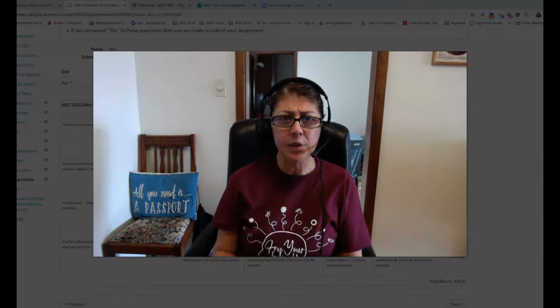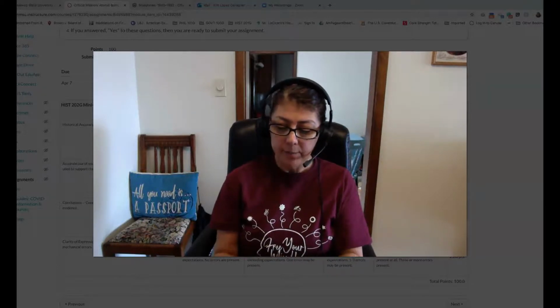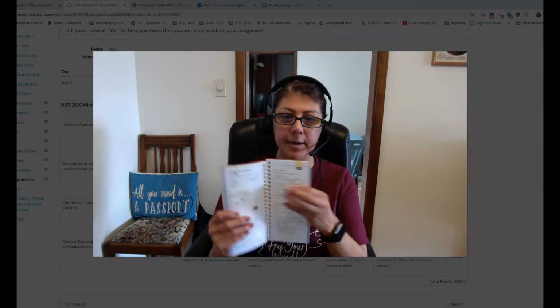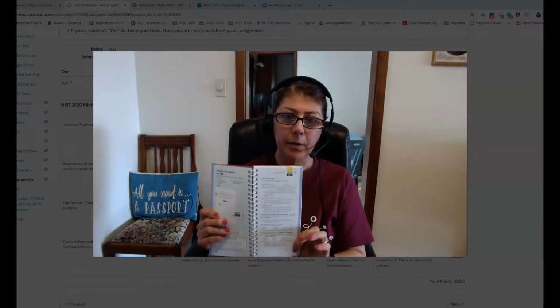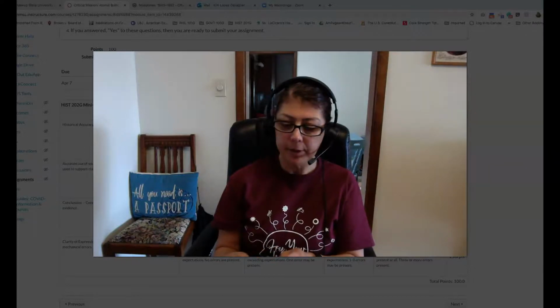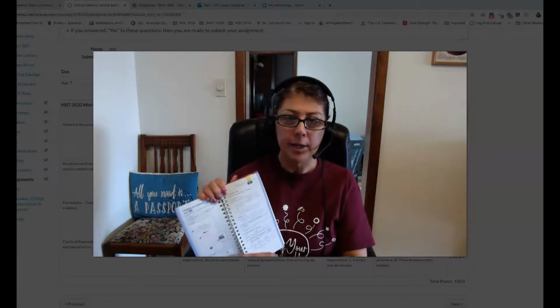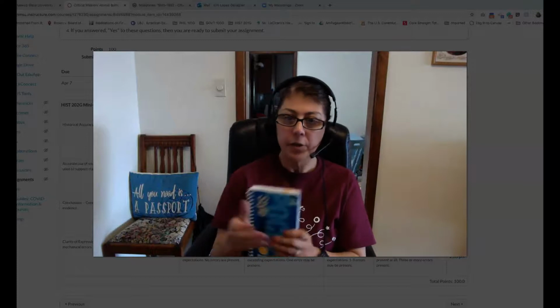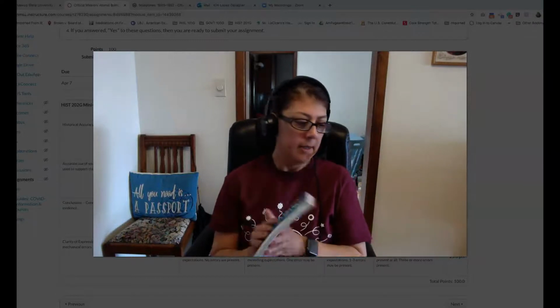Now, about using MLA. If you've taken English 111, maybe you have this book. It's called a Pocket Style Manual. It comes in really handy because it has MLA and everything you need to know about citing, doing in-text citations, and doing a bibliography in MLA style. So I really encourage you to use this.